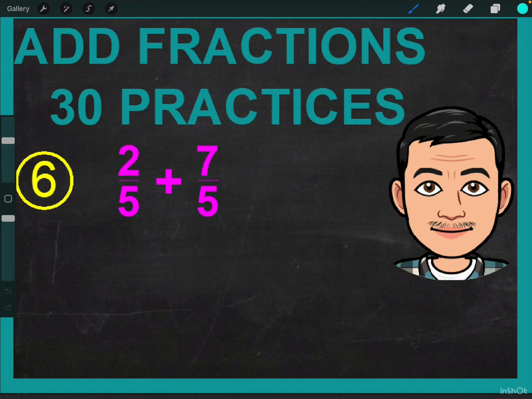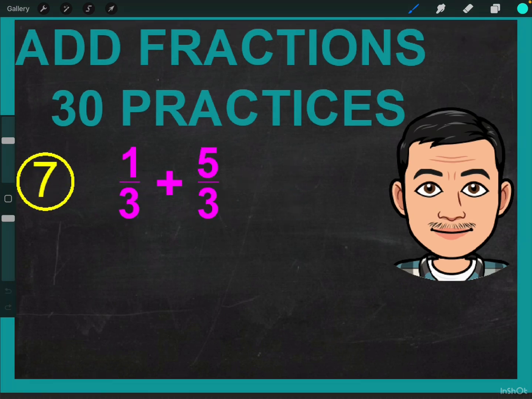Practice number 5 is easy because the two fractions have the same denominator, 5 and 5. So we just simply add the two numerators. So we got 9 over 5 is the answer. Practice number 7 is similar to the previous one, in which we have two fractions with the same denominator, which is 3.